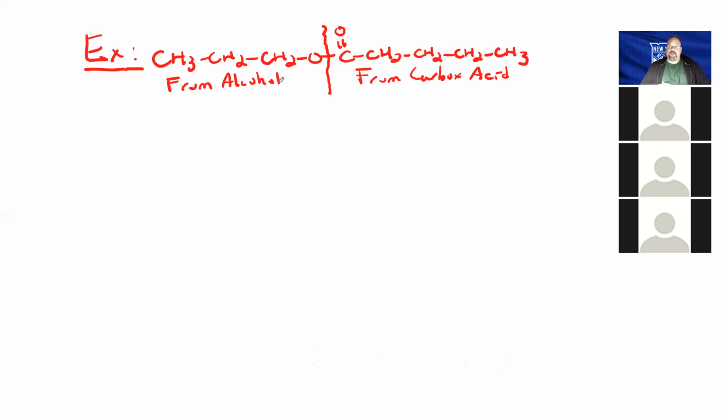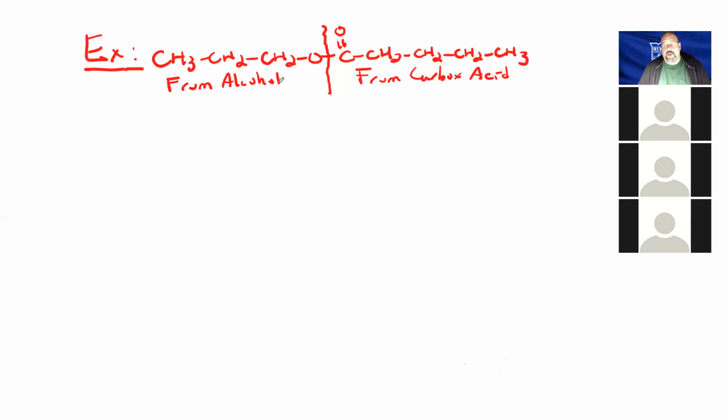Because as I said a few minutes ago, that single bond to the oxygen could be to the right or it could be to the left of the C double bond O carbon. It varies. So here's an example where I put it to the left. That's why you have to really understand the key bond and which part is the carboxylic acid and which part is the alcohol.